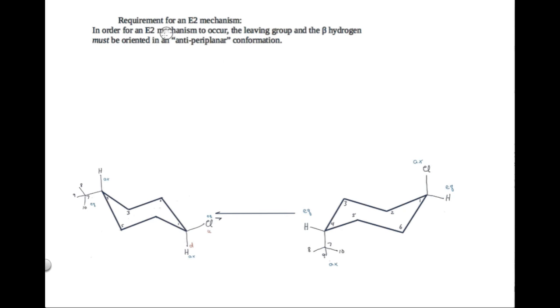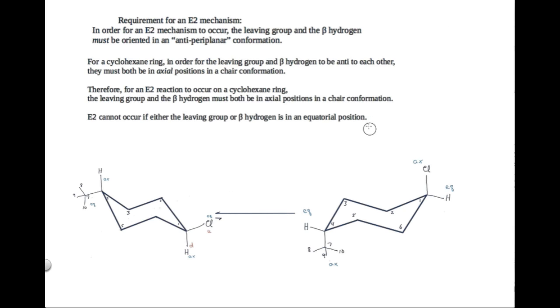Now, how would we apply this requirement to cyclohexane? Here's how this requirement applies to cyclohexane. For a cyclohexane ring, in order for the leaving group and beta hydrogen to be anti to each other, they must both be in axial positions in a chair conformation.